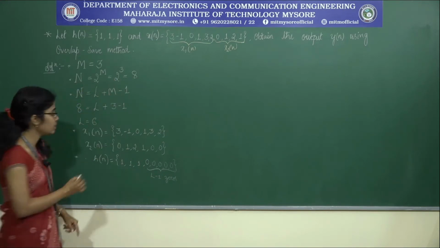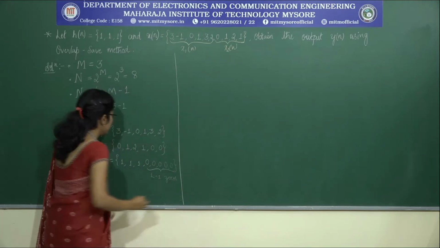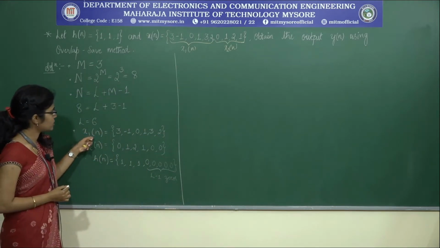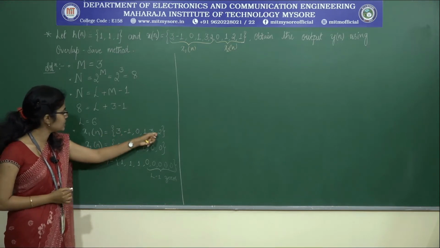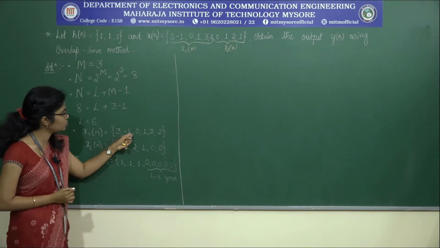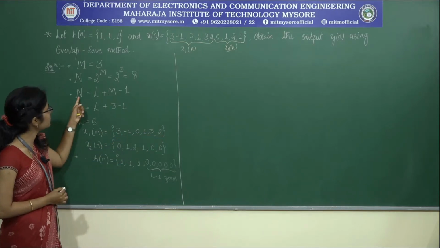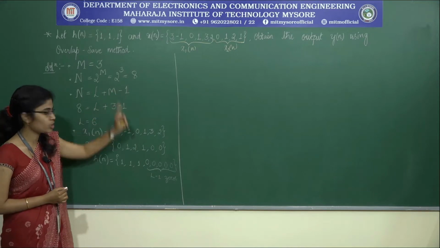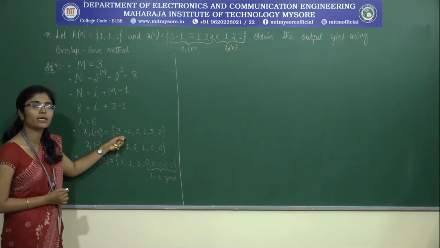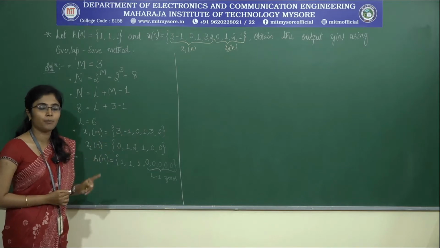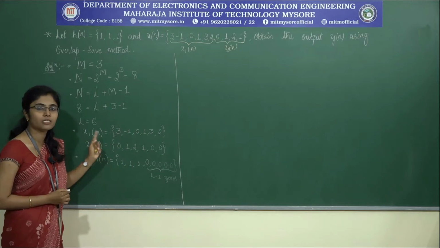So, that is correct. Now, in the next step, I need to compare the length of x1 of n with that of N. Now, the number of samples in x1 of n is 1, 2, 3, 4, 5, 6. Okay. But what is the length of N? It is 8. So, in order to make it as 8, for the first subsequence, what I need to do? I need to append M minus 1 zeros at the beginning of x1 of n.